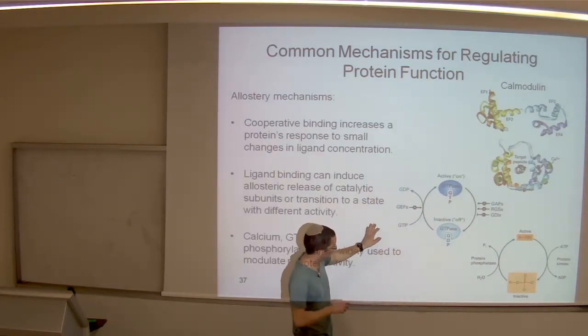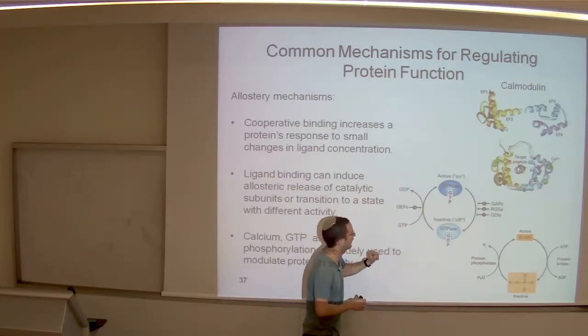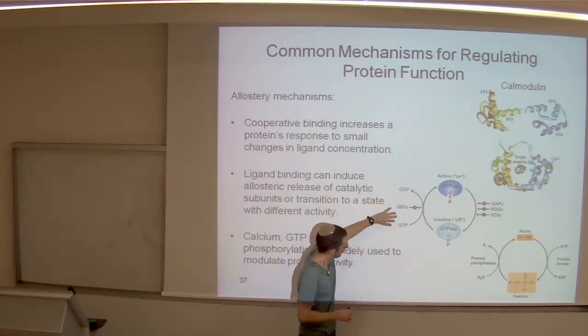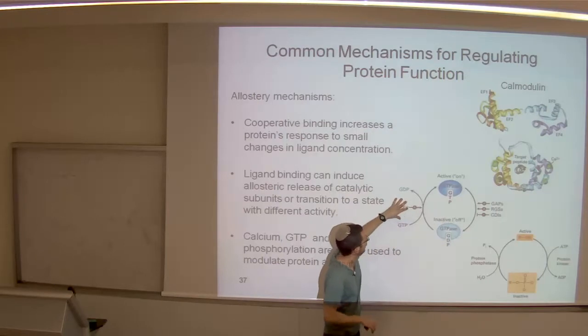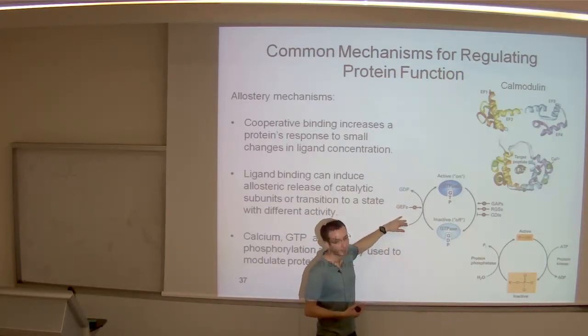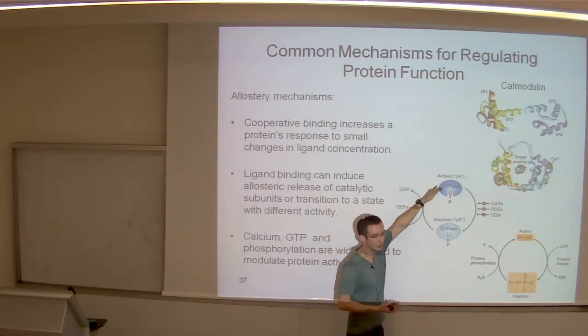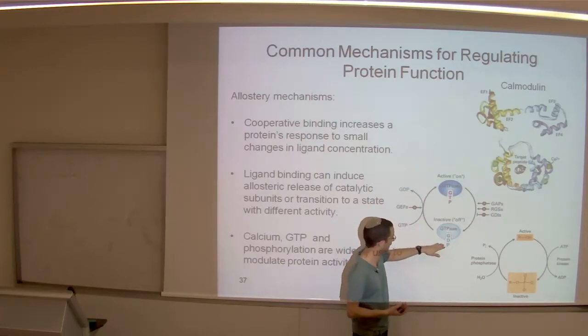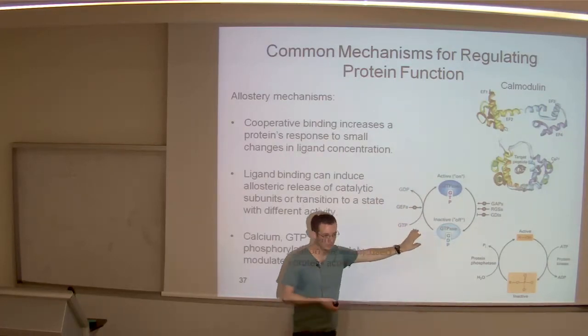And these two schemes are just to convey the idea that, for instance, GTP and phosphorylation by allosteric mechanism can switch a protein from an active on state to an inactive off state.